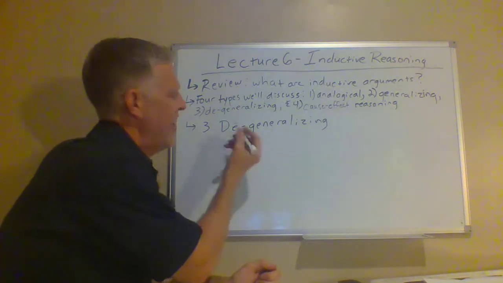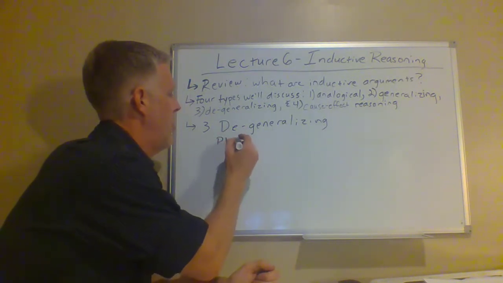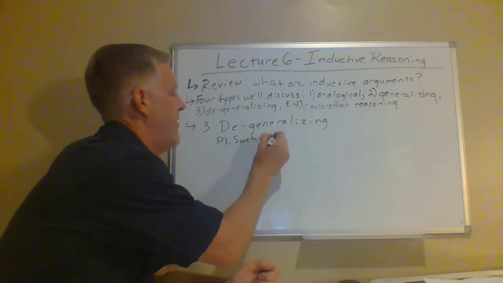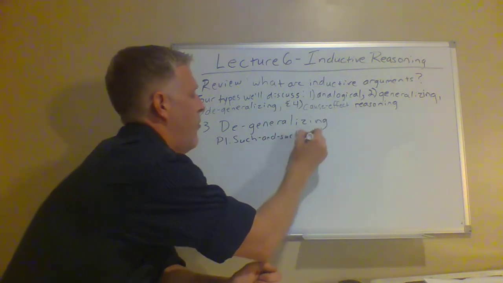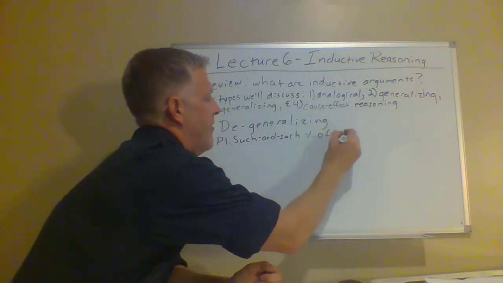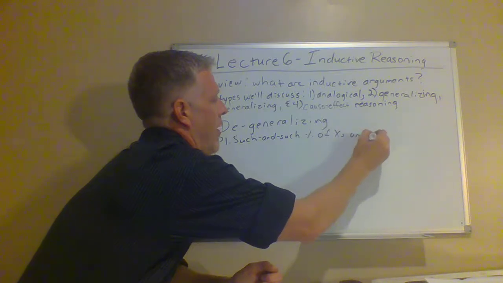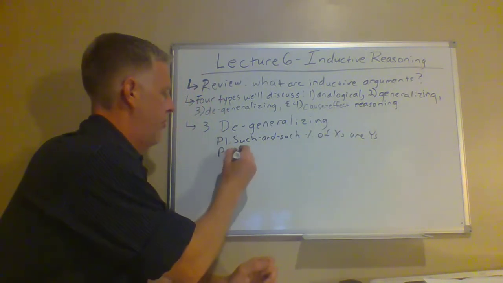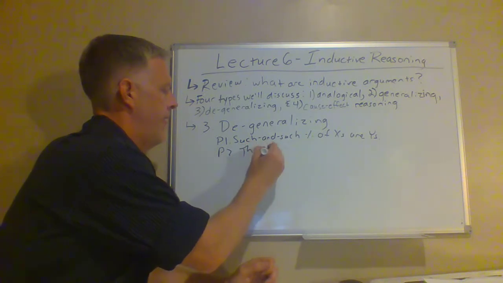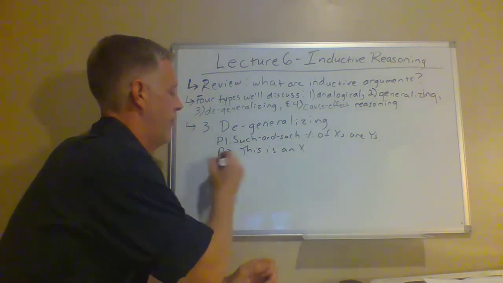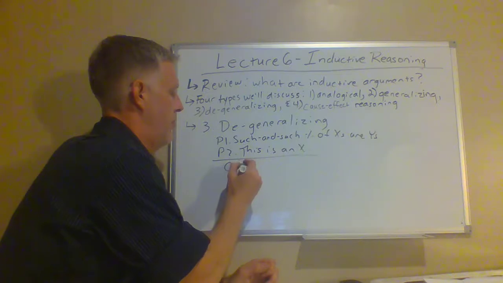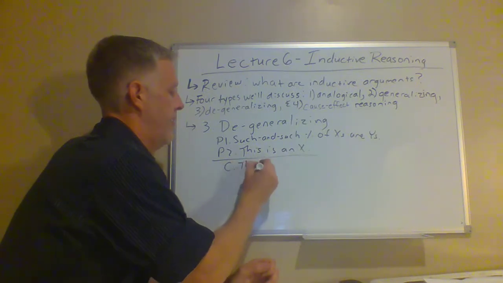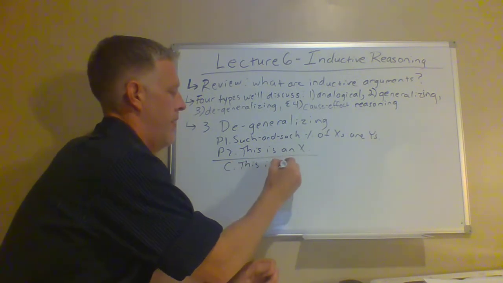So I guess I will put this up here. So the general form will be such and such percent of x's are y's. Okay. Premise two, this is an x. So we're going to conclude this is a y.